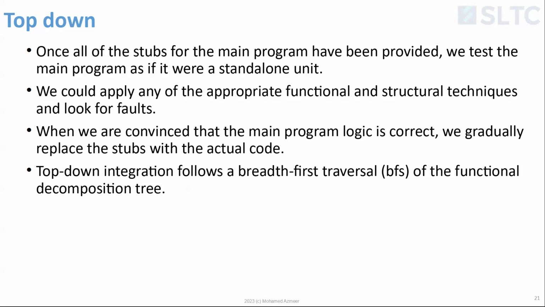So maybe when you press 1, it returns 1. So we know, okay, 1 is coming back. Or when you press 2, it returns number 2, right? So then you know, okay, number 2 is coming. And if number 2 is not coming, that means there is an issue with the code. So once you know all your numbers are coming back to you, then you go in and replace the code.